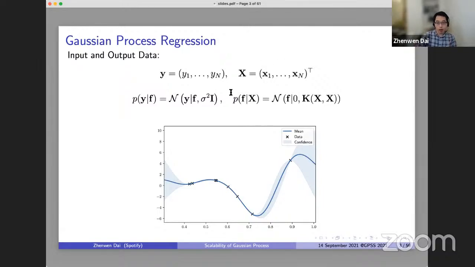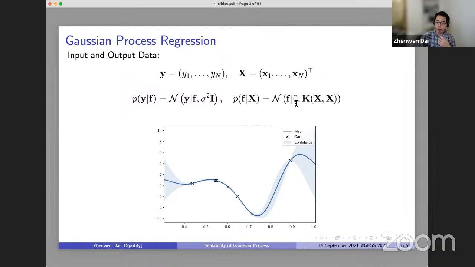For Gaussian process regression, we typically consider two parts. First is the Gaussian process part. For a finite number of observed data, for example, capital N of them, we write down the Gaussian process as a multivariate normal distribution, where we usually use f to denote the noise-free observations of the data.